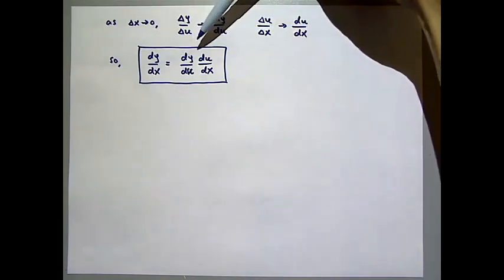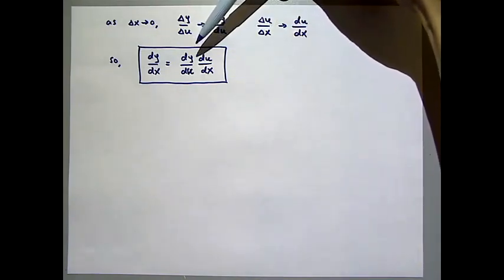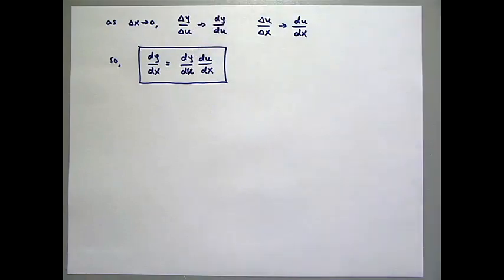This is the derivative of y with respect to u. Just the second part, the outer function by itself.